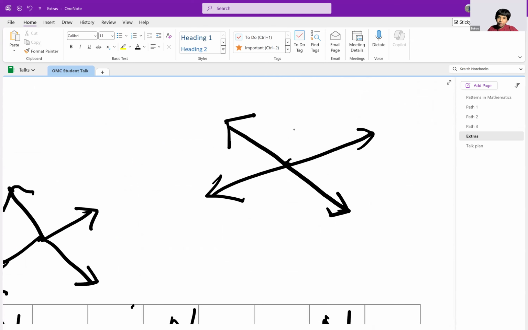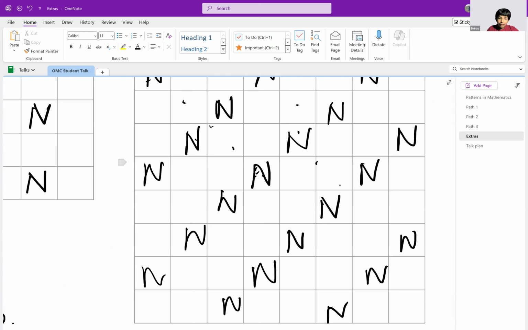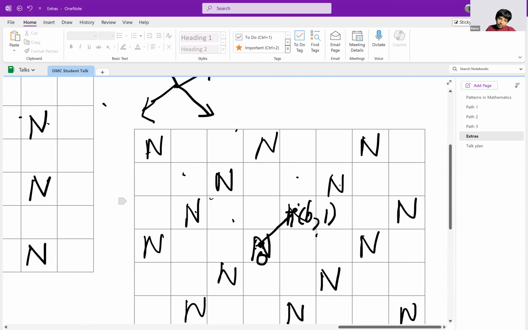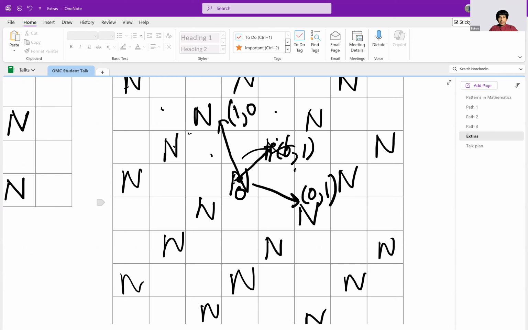So we can do the same thing here. We take this to be the origin, define this to be 0 comma 1, this to be 1 comma 0, or in the original one we also did this as 0 comma 1. So then we get a linear map.